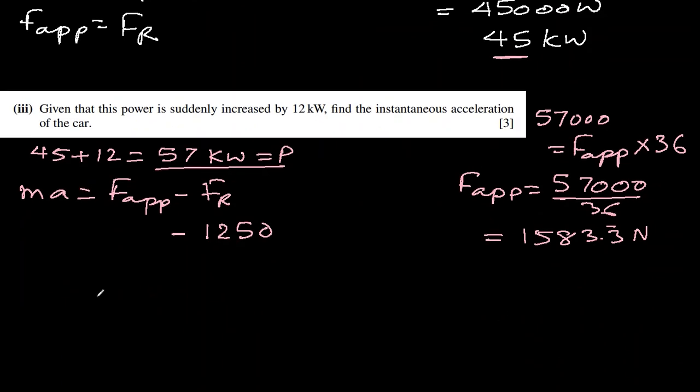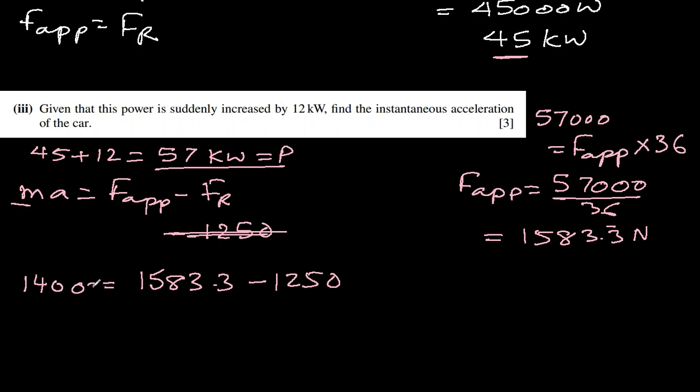All right. So now we'll use this applied force to find the acceleration. Mass is known to us, 1400 kilograms for the object. The applied force is now 1583.3 newtons, and the resistive force is still 1250.